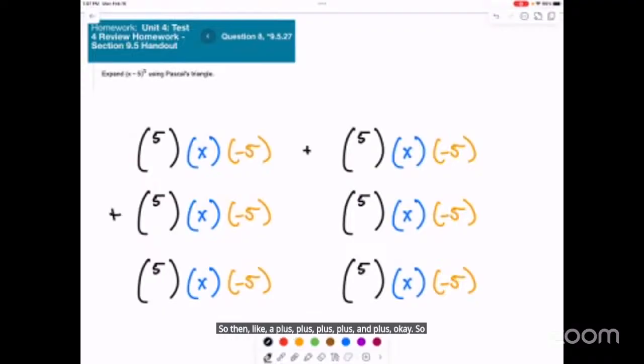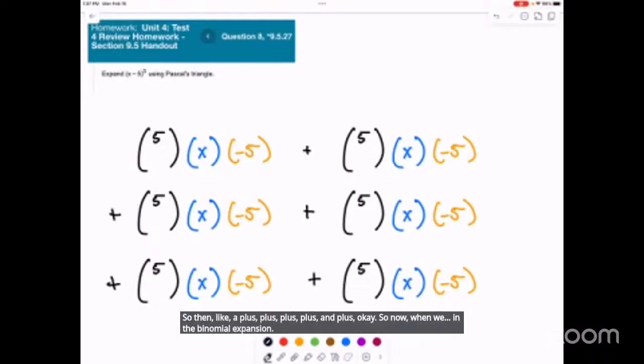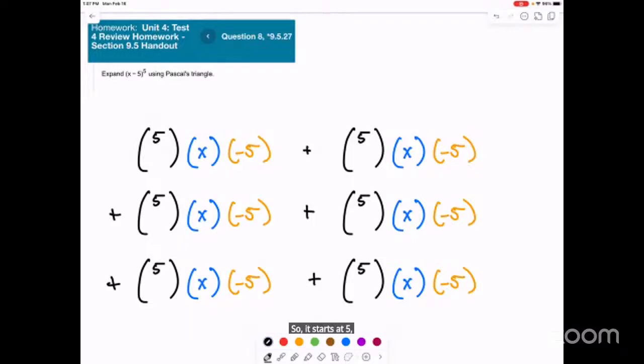Now in the binomial expansion, let's start with the blue one, the first term. That's going to count down. So it starts at 5, so it goes 5, 4, 3, 2, 1, 0. And then the second term counts up. So it goes 0, 1, 2, 3, 4, and 5.